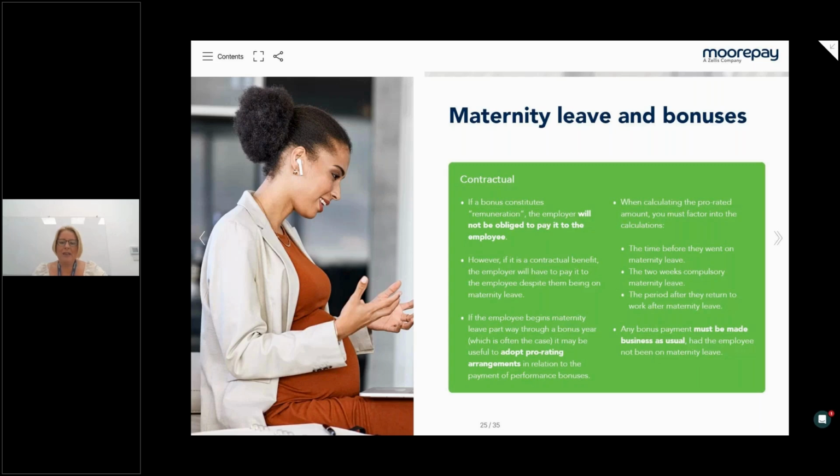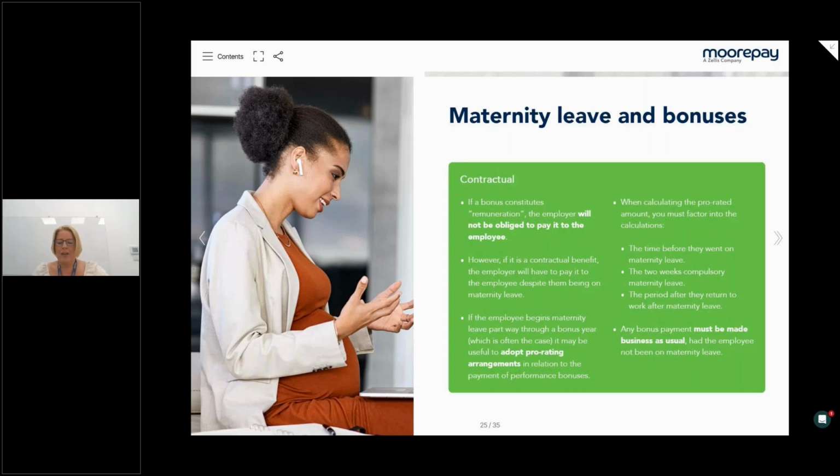If an employee begins the maternity leave through a bonus year, which, as we know, people go off on maternity leave when it suits them during the pregnancy, we would potentially have to prorate any bonus that is considered remuneration as part of that process.